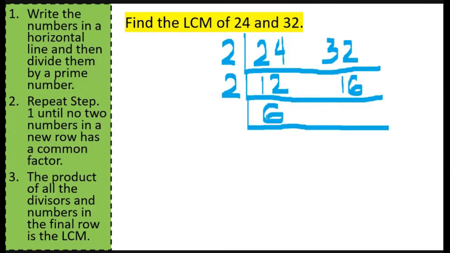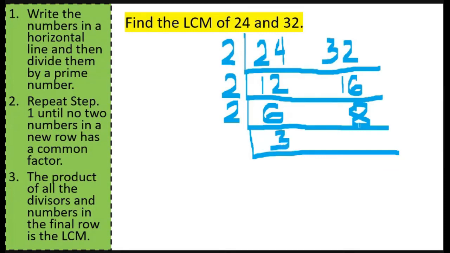Okay. Now, how about 16 divided by 2? That is 8. Okay. Numbers divisible by 6 and 8. Another is 2. And then this one is 3. This one is 4. Yan.